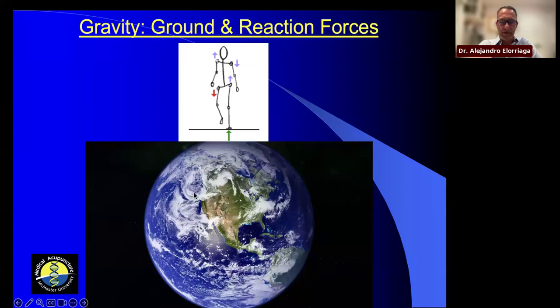This is the fundamental and basic environmental constraint that every living creature has: we live on a very big mass, the Earth, and that very big mass attracts our mass, which is a lot smaller, and in attracting us incurs a mechanical behavior described by Newton in his three laws of movement, the third of which says every action generates a contrary reaction of the same magnitude and opposite direction.